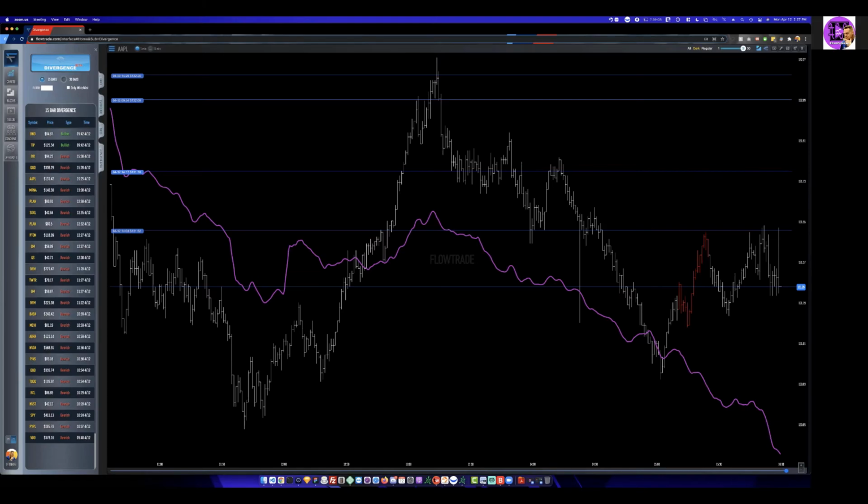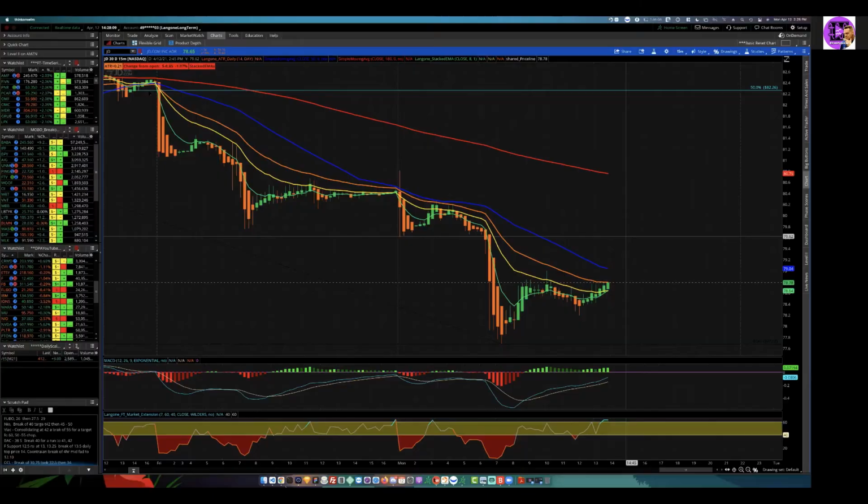We also have a 131.78 block trade that came in, and a 132. The last one came in at 1402, which is 4 o'clock. Okay, levels to look for: 131.50, 132 for Apple.